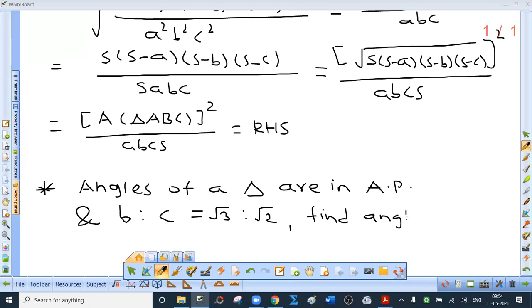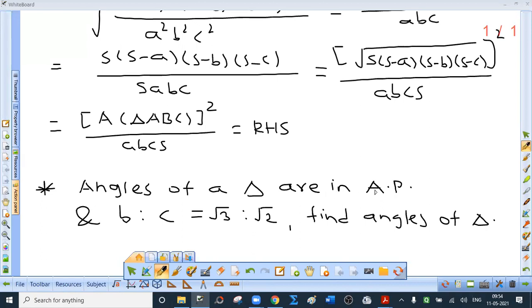Find angles of that triangle. This is not given in the textbook, but try this. We'll discuss the solution in the next lecture.